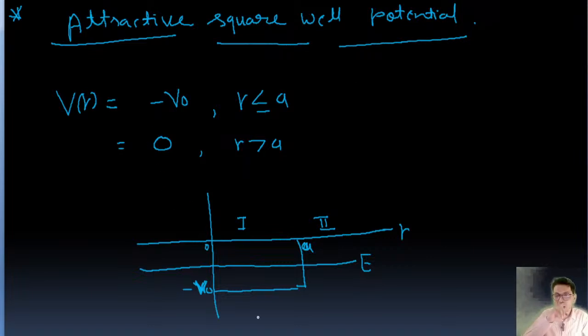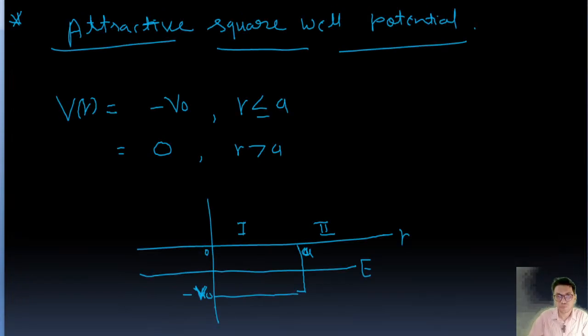Now we will get the Schrodinger equation for this, and then we'll get the solution as we did in the infinite potential square well and other types of potentials. You can check my previous lectures.